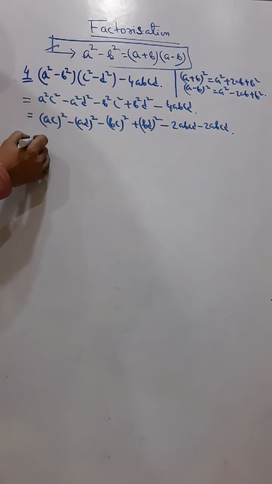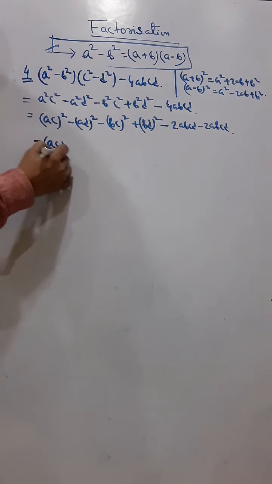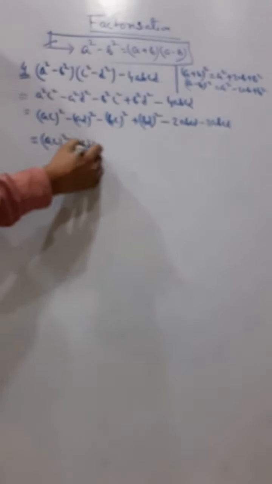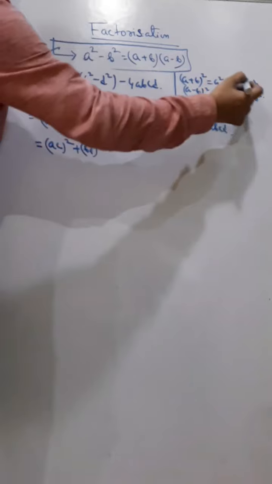So what you see, I can write ac square, I can take one bd square with this, plus bd square with this, because again I am telling you, you have always a square plus b square, so you cannot keep a square minus b square in this format.